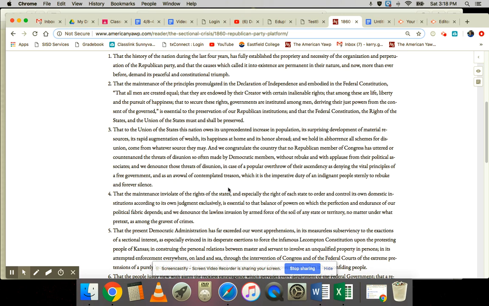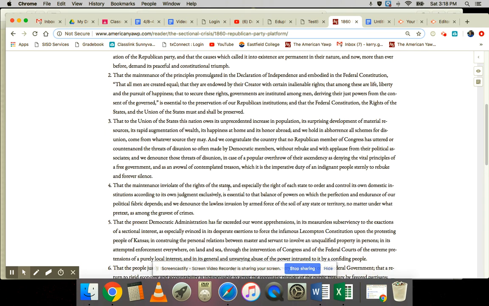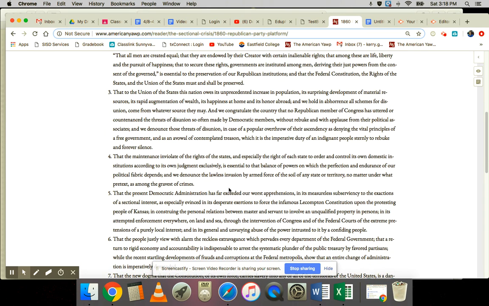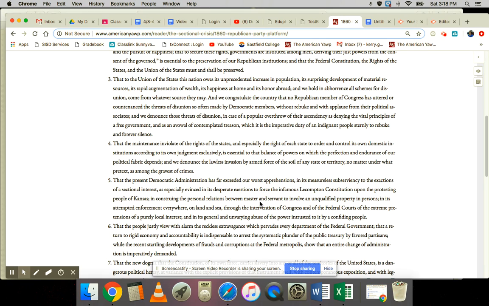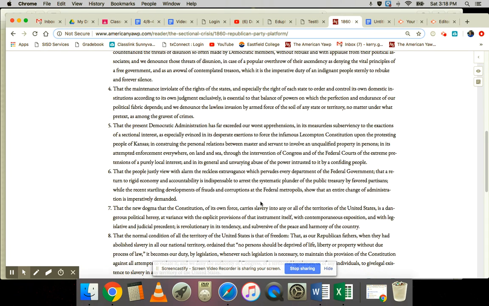They believe that states should have control, and they set the standard that secession is not the answer. That the Democratic administration of James Buchanan, things like Bleeding Kansas, have created this extreme violence, and they lay the blame at the feet of the administration.